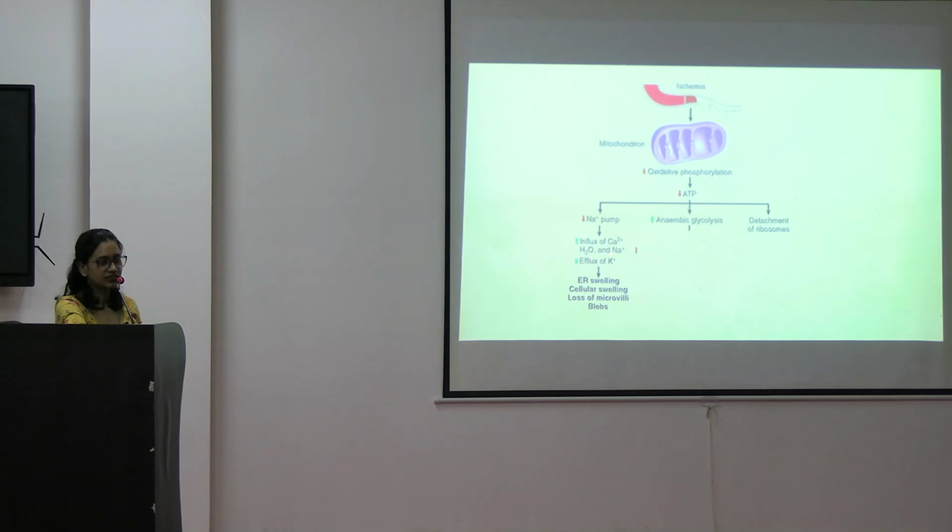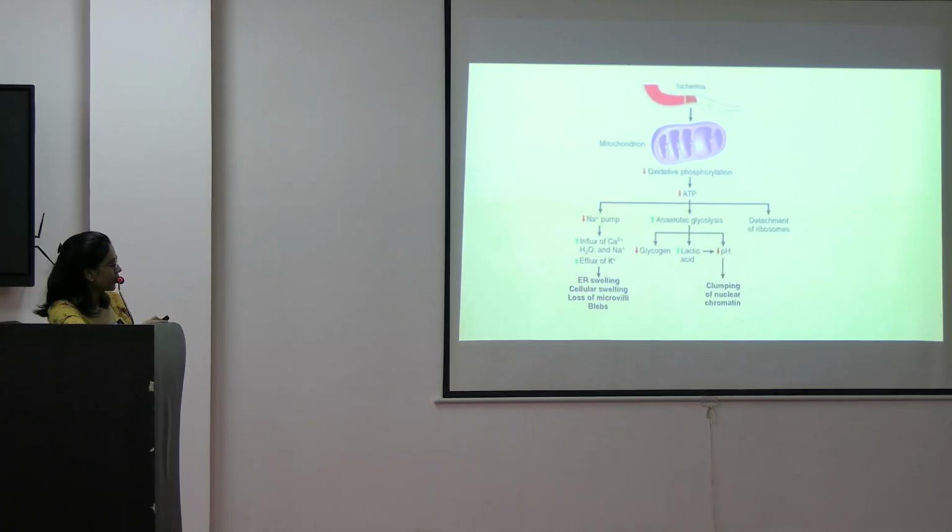Calcium, water and sodium within the cell. And there will be increased efflux of potassium. So potassium is going to go out, and sodium, water and calcium are going to come inside the cell. So this will result in swelling of the endoplasmic reticulum, cellular swelling, loss of microvilli and formation of blebs.